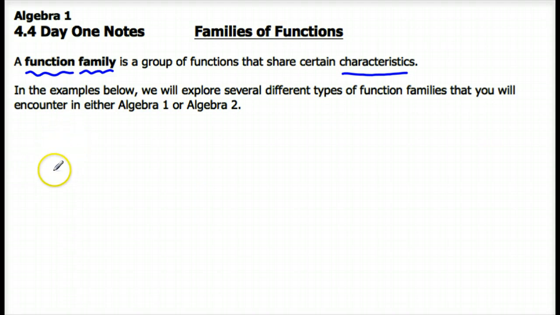What I do want you to have ready though is your graphing calculator, because I want you to be able to see the shape of each of these graphs before we use our table of values, just so you know what shape to expect. Again, for the actual test, you're not going to be allowed to have a graphing calculator, but I do want you to use it for the notes just to get an idea of what kind of shape to expect.